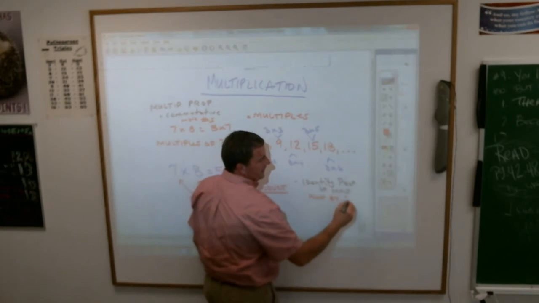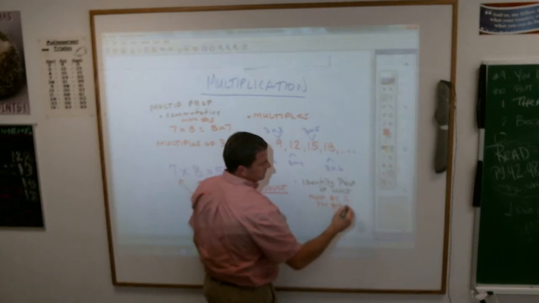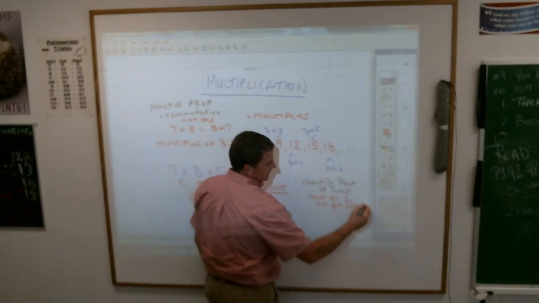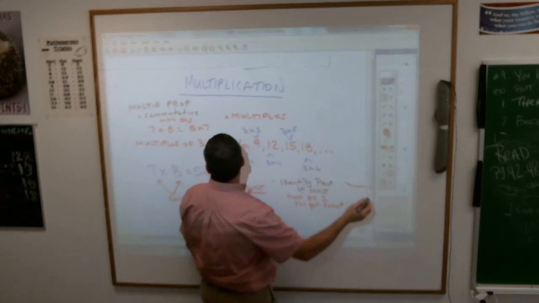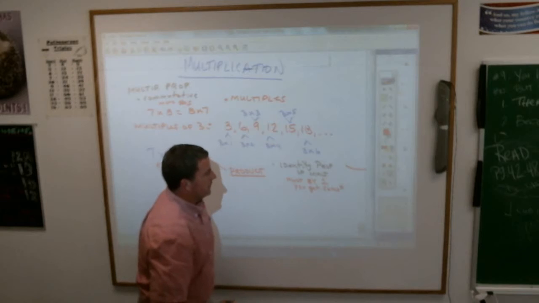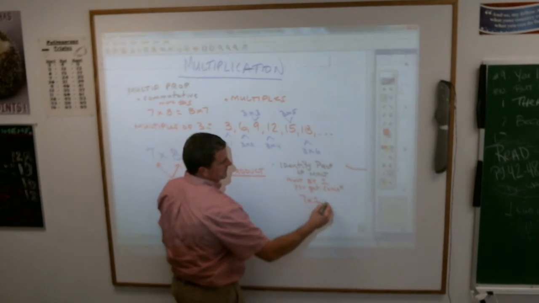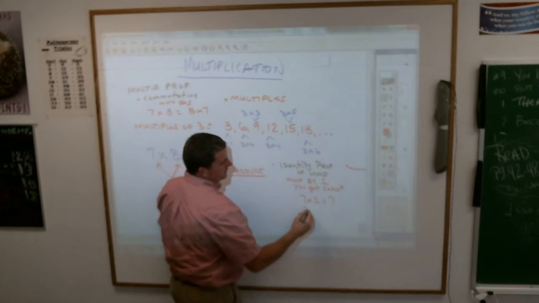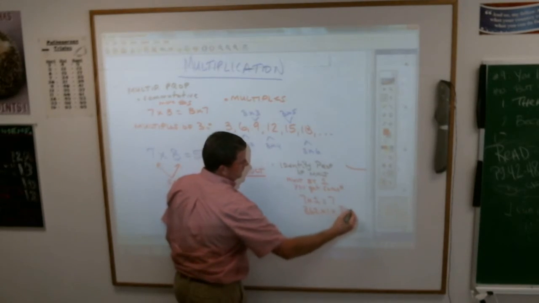Anytime you multiply by 1, you get the same number. So 7 times 1 is 7. 362 times 1 is 362.